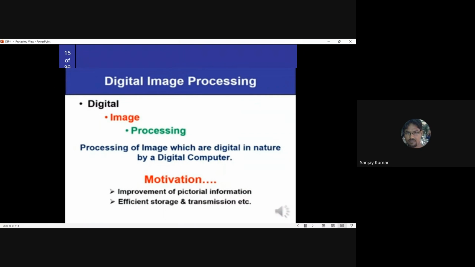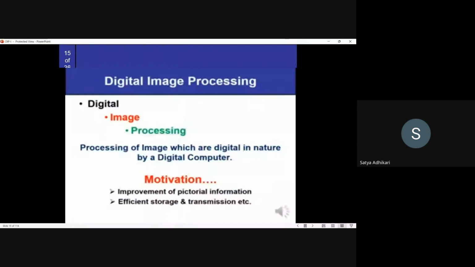Excuse me, sir. I have a question. Tell me. Sir, what is the meaning of digital over here? Any image which is drawn in any computer system is called digital. When an image is drawn in a digital computer, suppose you are drawing an image in a computer, it is called a digital image.